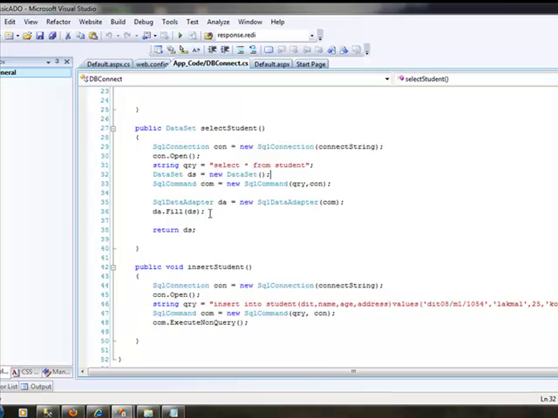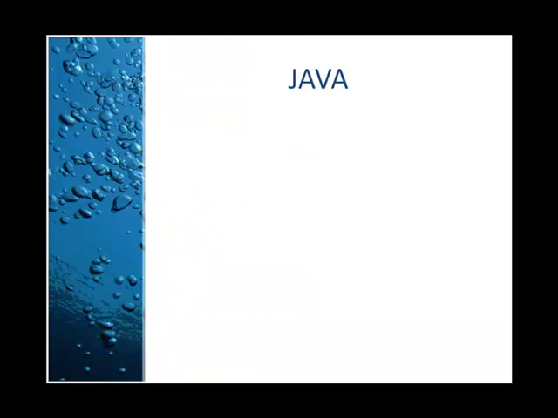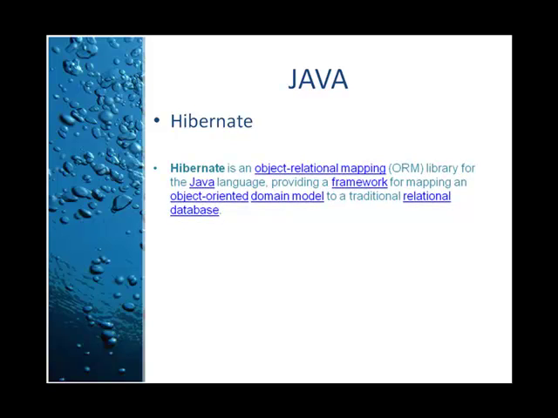database connection method. We are going to discuss the database connection method called Hibernate in Java. So what is Hibernate? Hibernate is an object relational mapping (ORM) library for the Java language, providing a framework for mapping an object-oriented domain model to a traditional relational database.